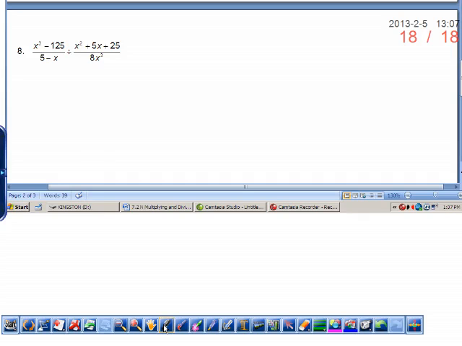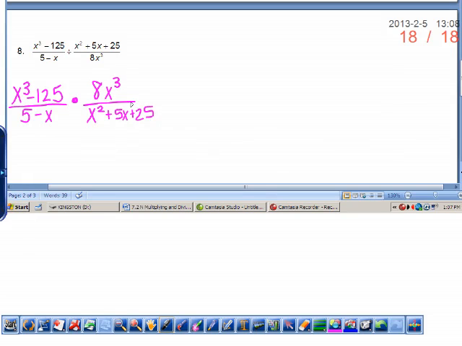Keep, change, flip. Keep the first fraction. Change division to multiplication. Flip the second fraction. Everyone okay with that? Okay.